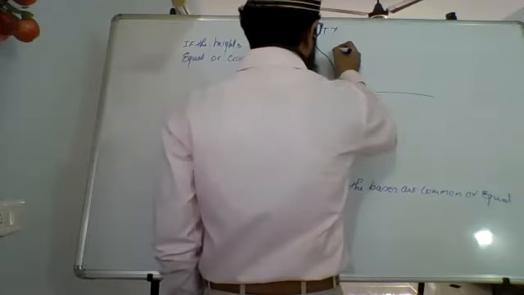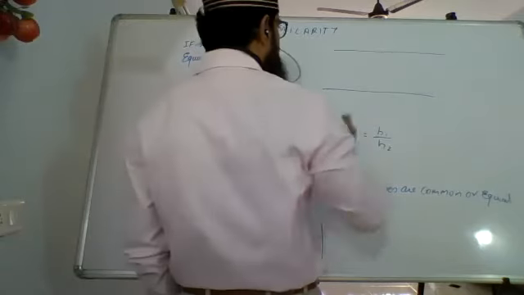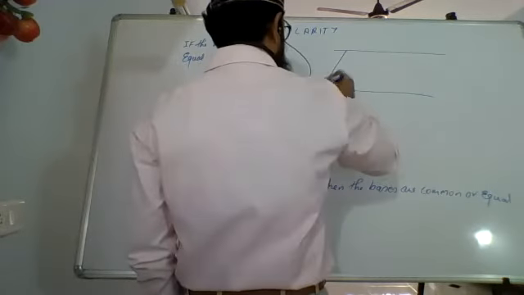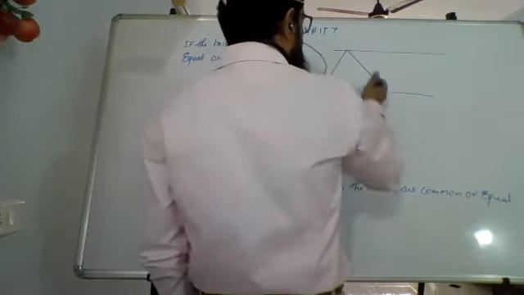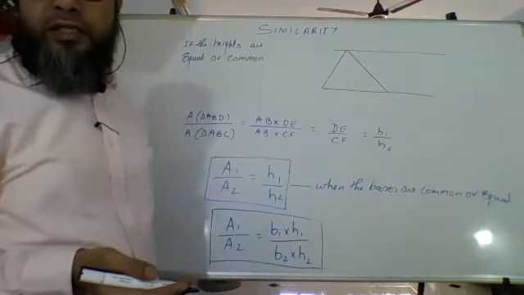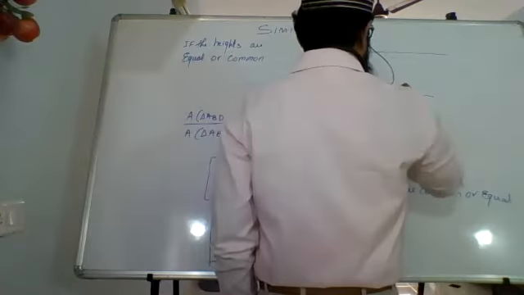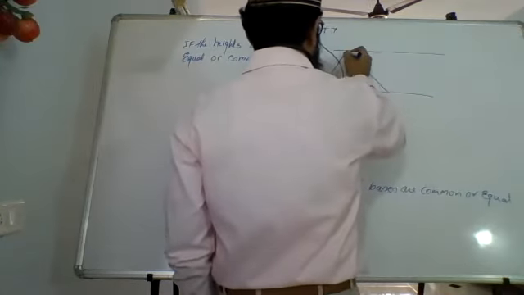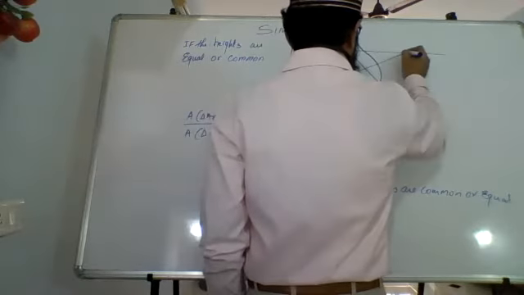Let's suppose these are two parallel lines. So this is one triangle. Obviously, between parallel lines the distance is going to be the same. And this is another triangle.